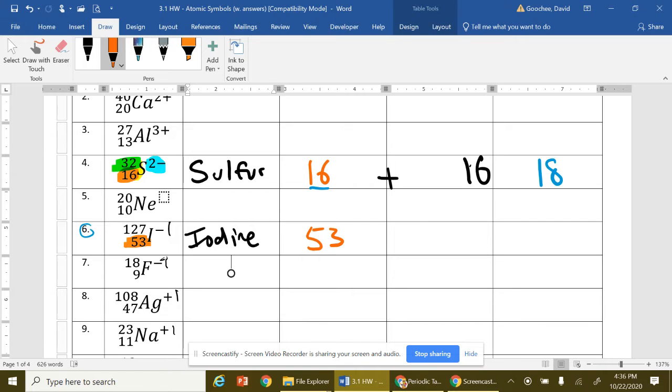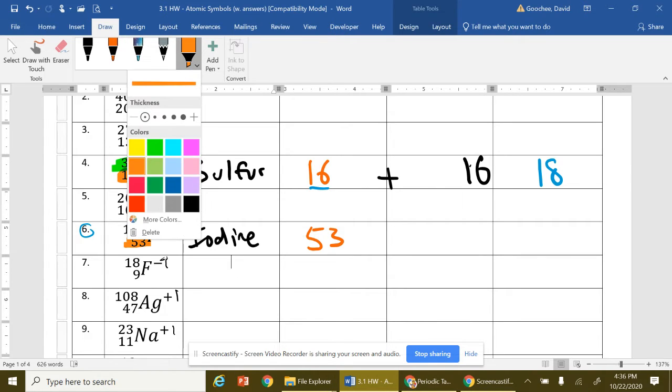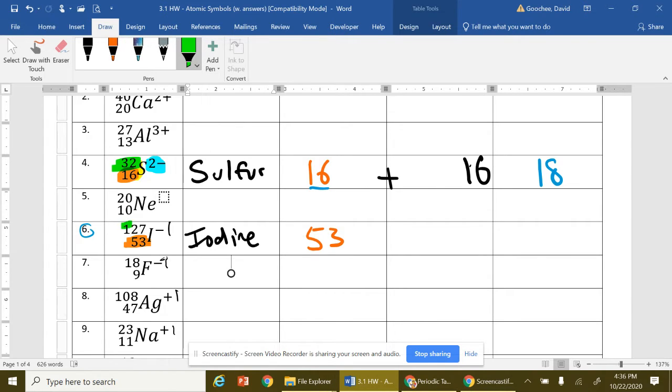How many neutrons does it have? Well, we know that the mass is 127, all right? And that this mass is equal to the protons plus the neutrons. So 127 equals the protons plus the neutrons. We know that there's 53 protons.